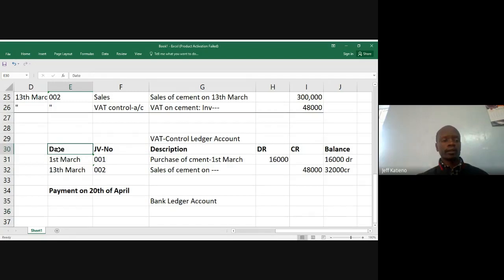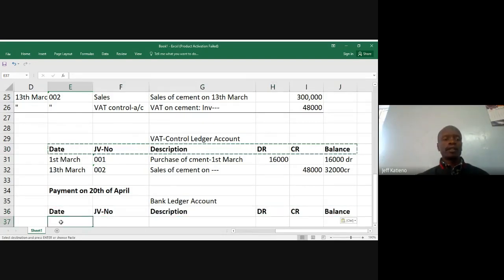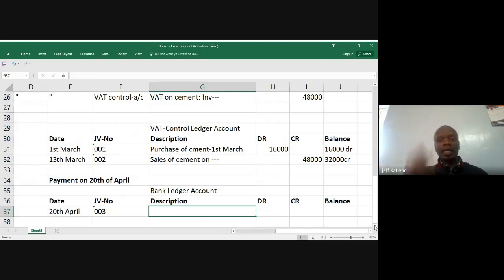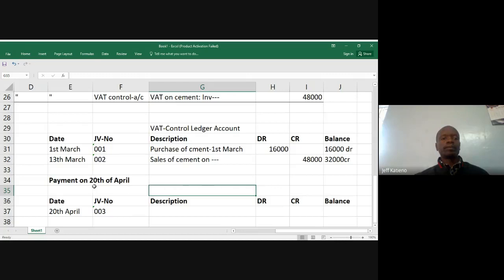Then the date is 20th April, then you have the number 003. Let me, I didn't put the JV number. Let me put this as a journal first before I go to the ledger. So let me put journal for payment.